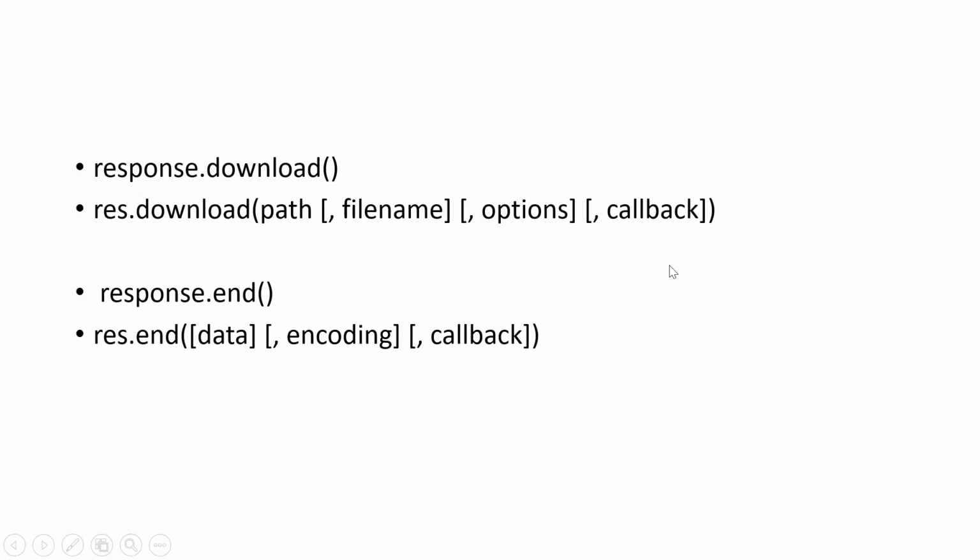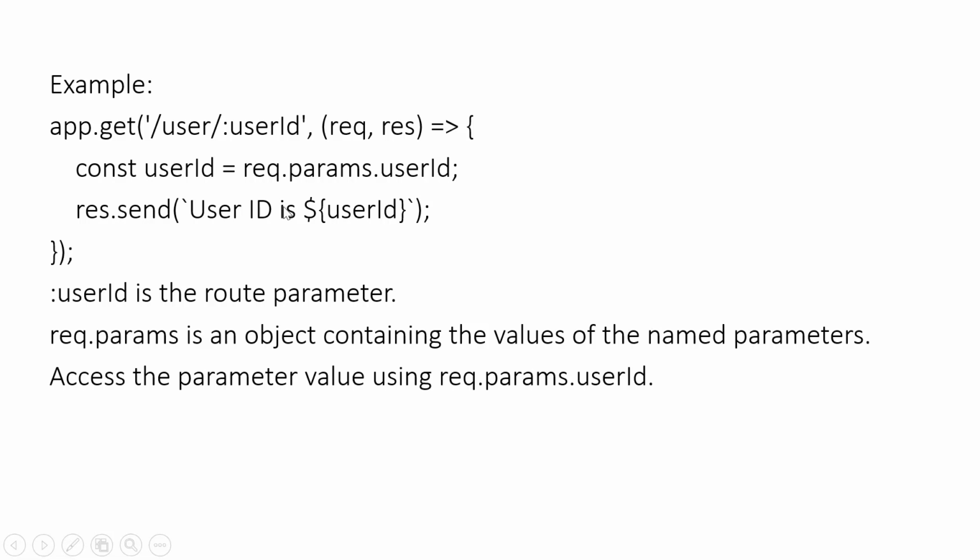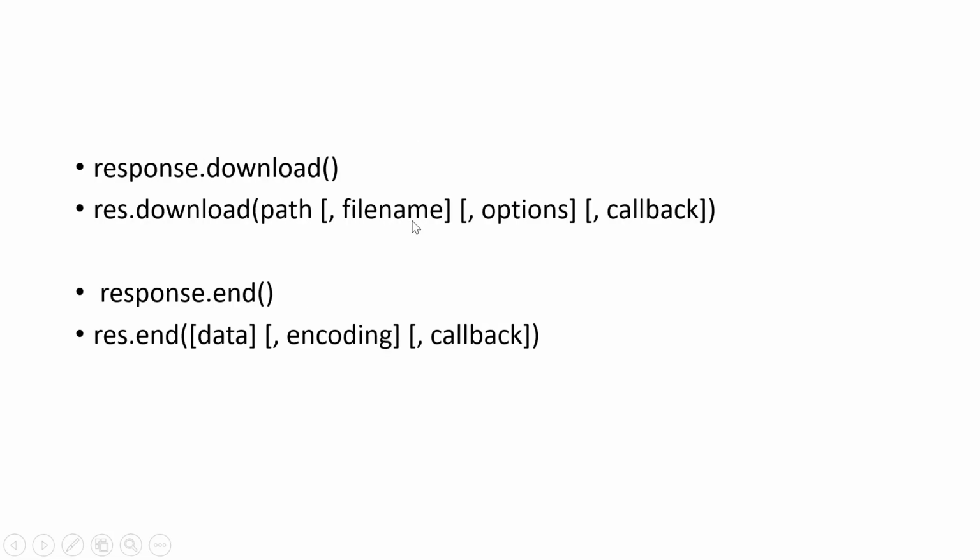Then callback, which is again optional, a callback function that will be called after the download starts. So within the syntax, only the path is mandatory, whereas file name, options, and callback are optional.